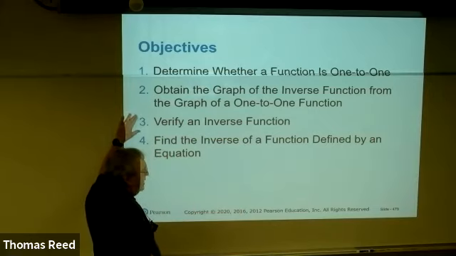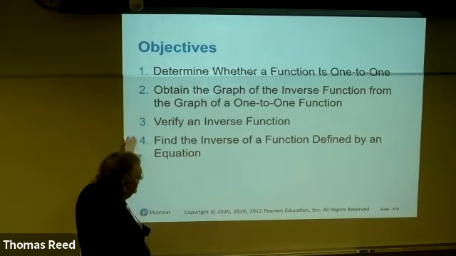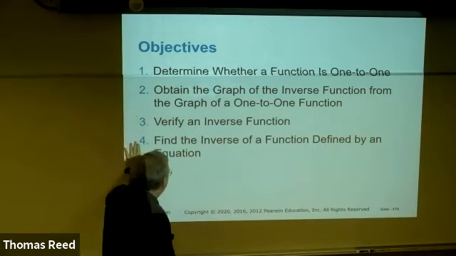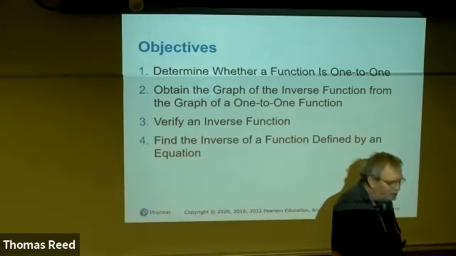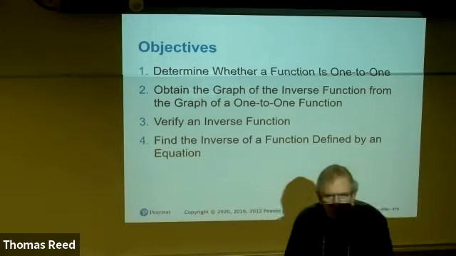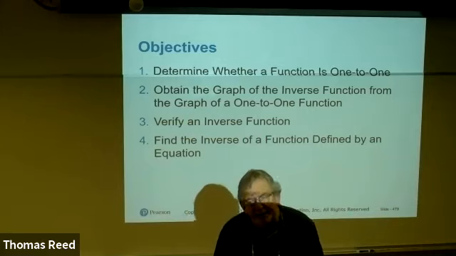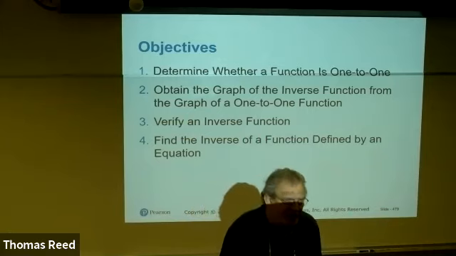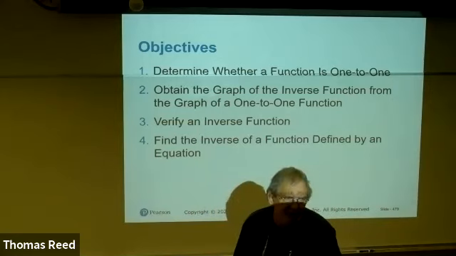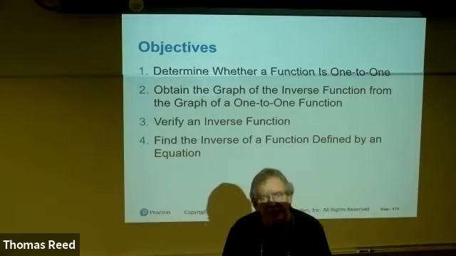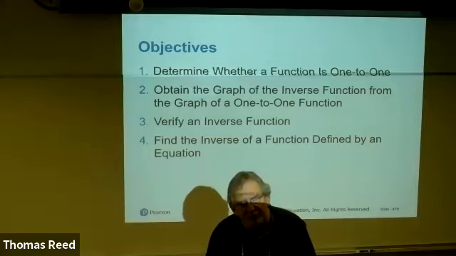So you verify that two functions are inverses of each other, and then find the inverse of a function that is defined by an equation. So if you have an equation y equals 3x plus 5, what's the inverse for that function? Or you have a function y equals x divided by x minus 3. What's its inverse?